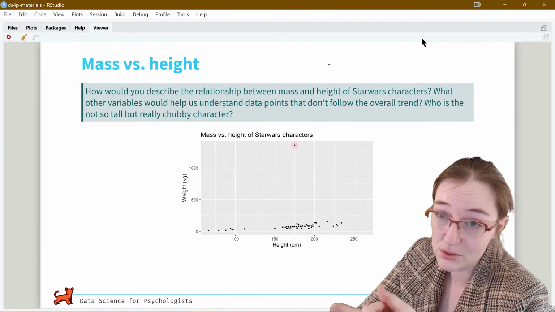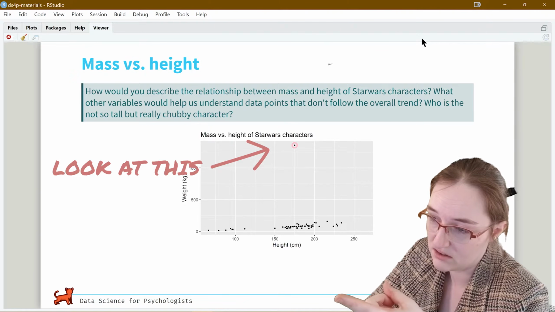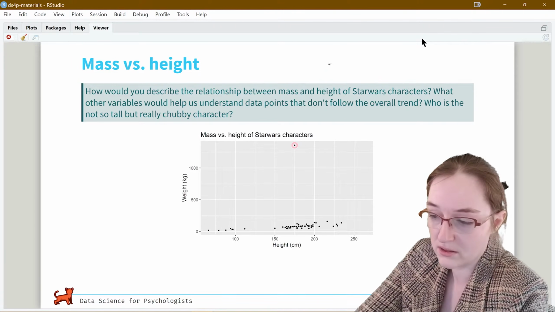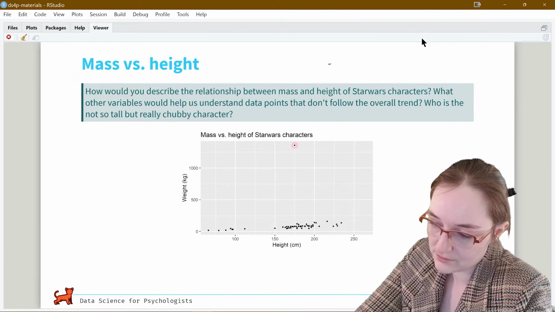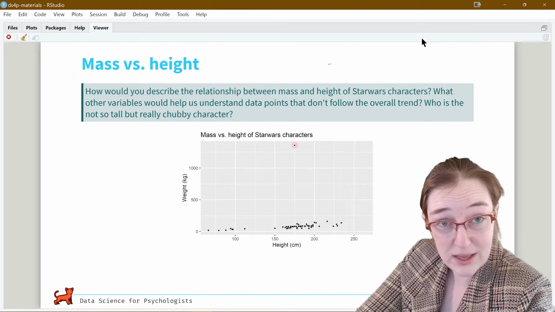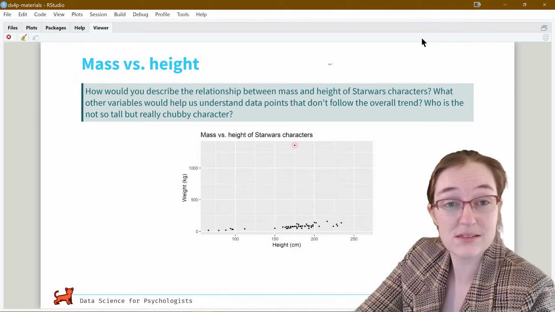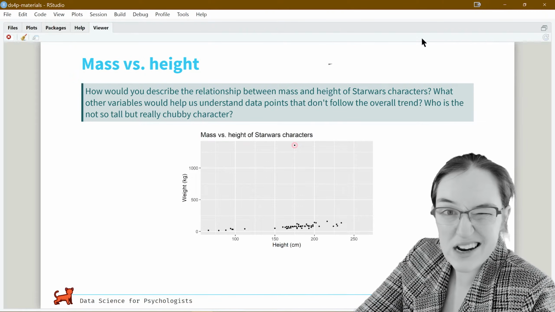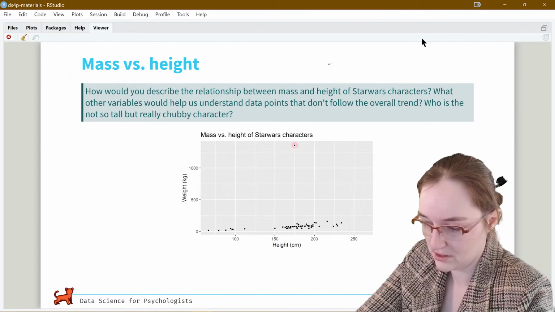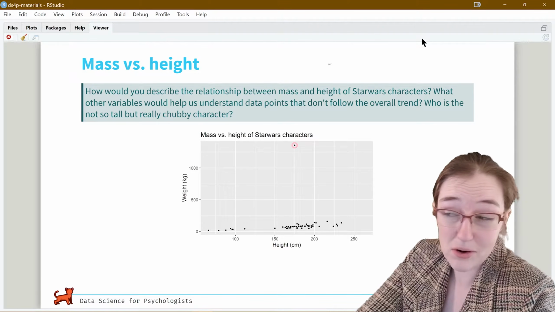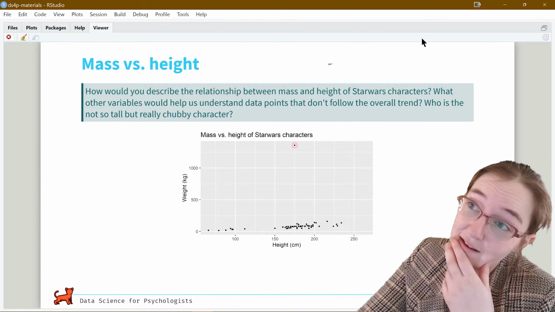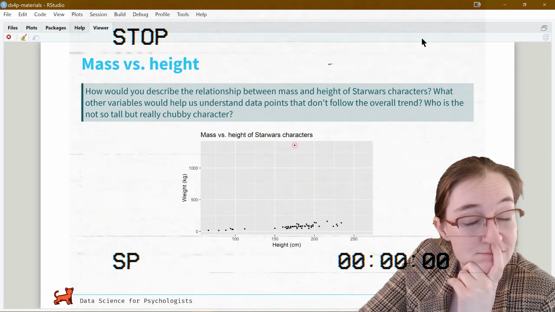Like this, who's this dot here that's not super tall but super heavy? Well, we can kind of crawl in. I had some guesses, but I mainly have guesses because I already made the slides. So, for the audience at home, pause and think. Who is huge but not so tall?